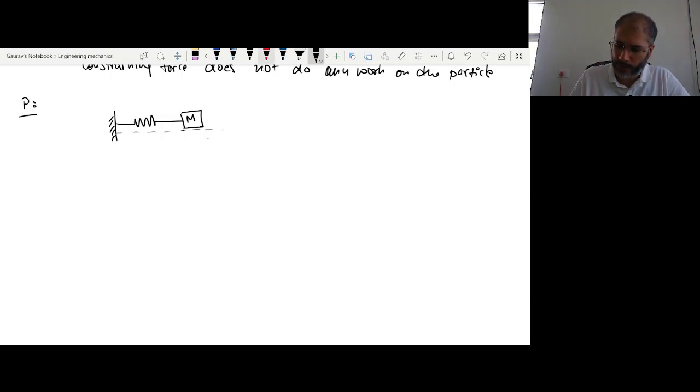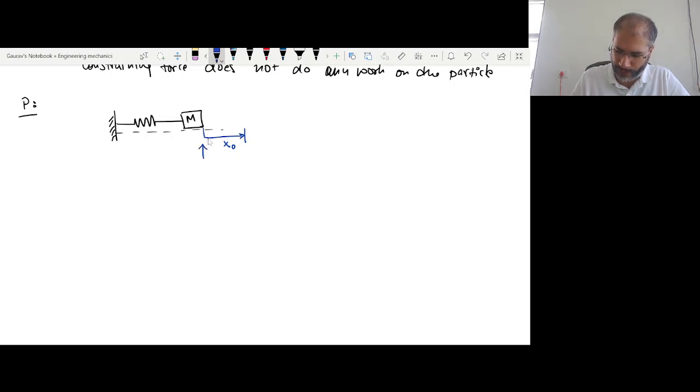So what we do is we give some initial displacement, let's say x naught, and then we leave the mass, and initially the mass was at the equilibrium position.